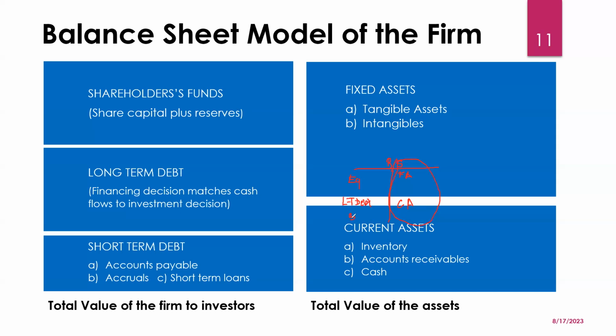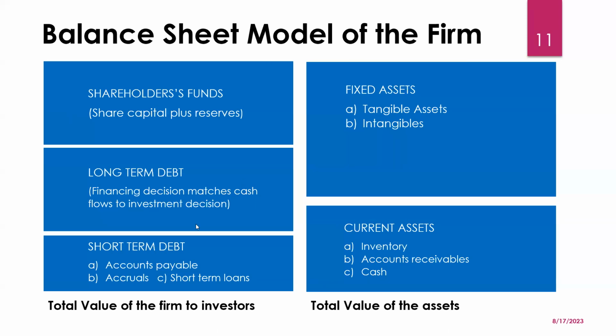Then we have short term debt, right? So as I told you previously, if you deduct the liabilities from the assets, we get the capital or the owner's equity, right? So that is how it happens. That is a normal balance sheet.